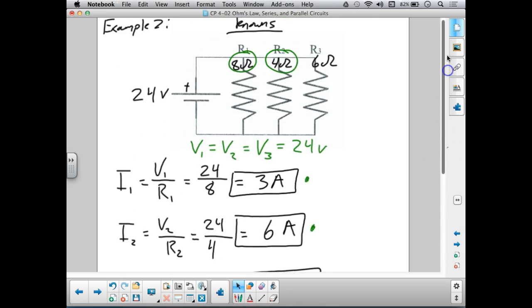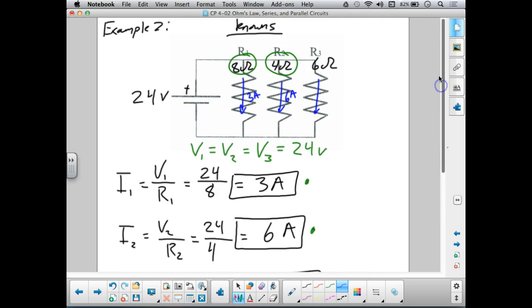If I go back up to my diagram, I can label that. Over here I have 3 amps of current, I have 6 amps of current, and over here I have 4 amps of current flowing through these circuits.